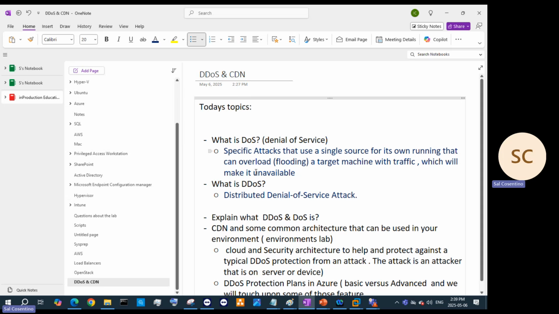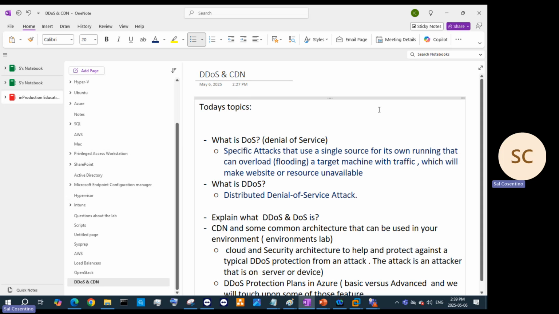When we talk about it, we're talking about the website, or resource, either or, right? Unavailable, right? And these are specific words or abbreviations that we hear a lot in the security world.